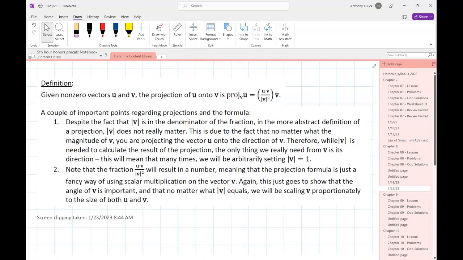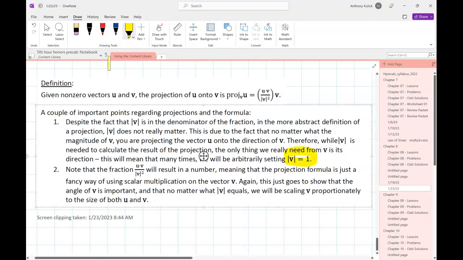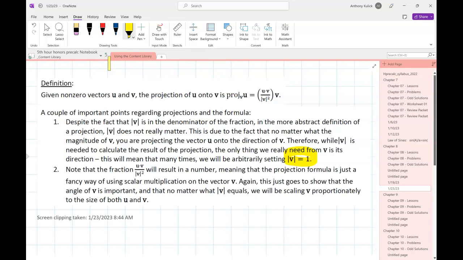If we are not given that value inside of our problem, we're just going to assume that the length of the vector is 1, that we're working with a unit vector, and it'll actually make all of our calculations a lot easier. We'll see that in a couple of minutes when we do some examples.